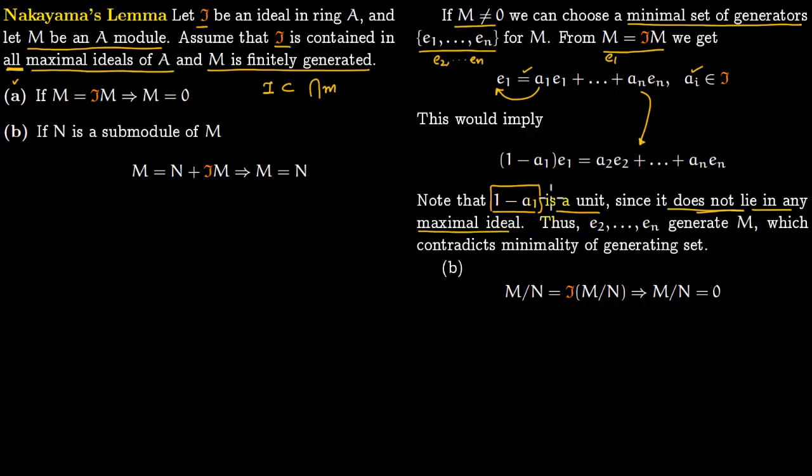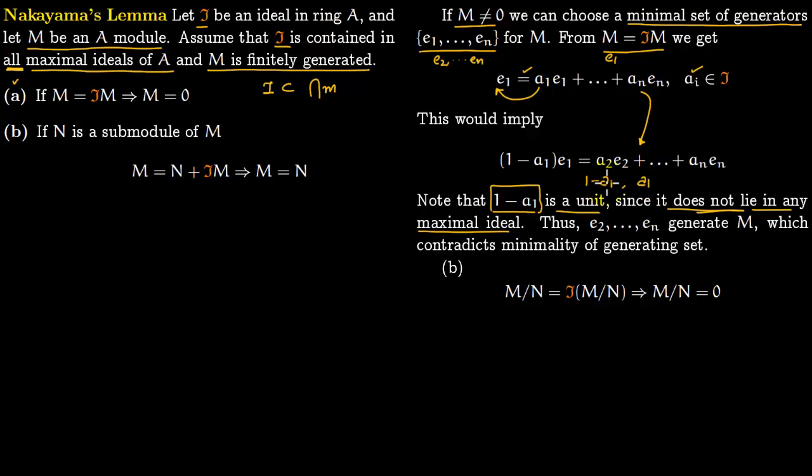Now to see that it does not lie in any maximal ideal: if 1 minus A1 lies in some maximal ideal, then this A1, all these Ai, are in this ideal I. So A1 will lie in the ideal I, but this ideal I lies within all maximal ideals. So all maximal ideals will contain A1.